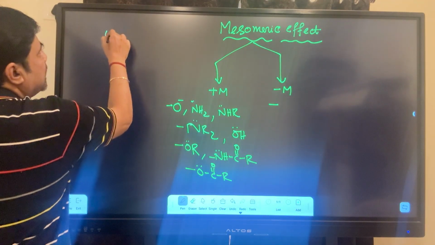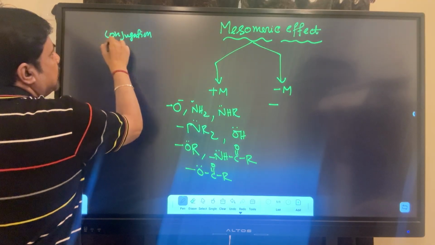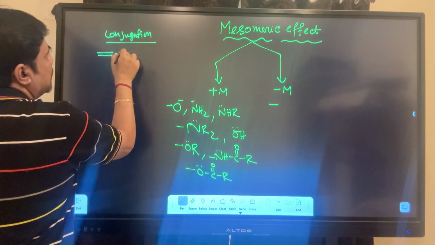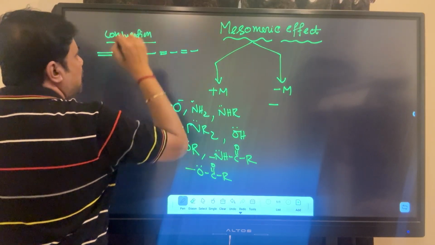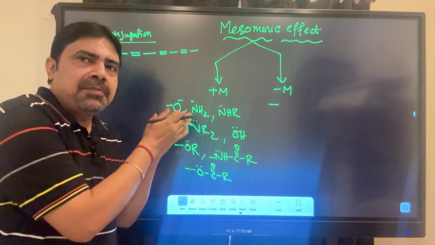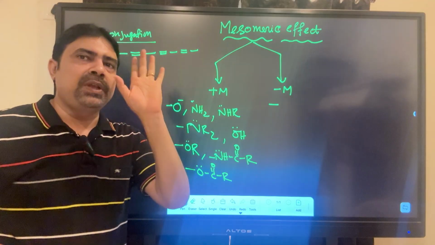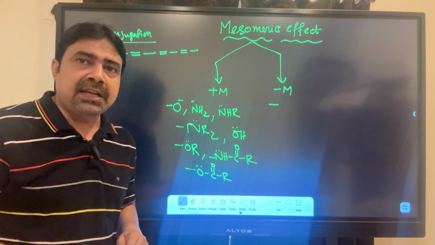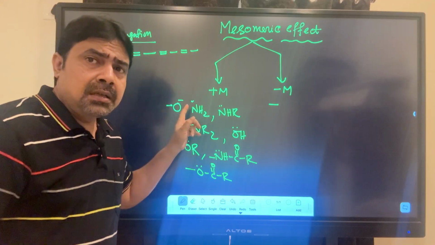Conjugation is alternating double bond, single bond, double bond, single bond, and so on. Whenever these groups are attached to this conjugated system, only then are they able to exert this effect. So delocalization of electrons will happen via resonance.